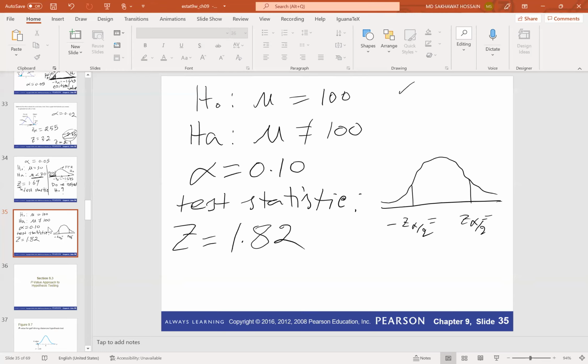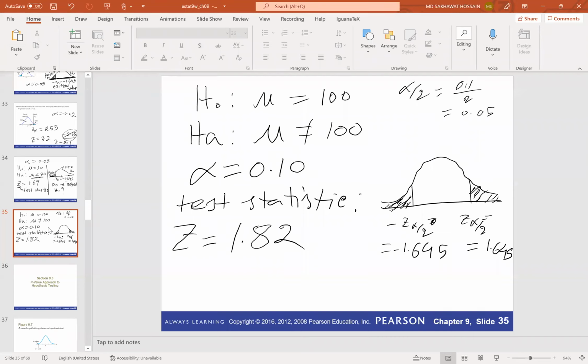Alpha over 2 is 0.1 over 2, so that means 0.05. We already know the critical value for 0.05, which is 1.645. So this value will be negative 1.645, and this value will be 1.645. This region is a rejection region, and this region is also a rejection region.